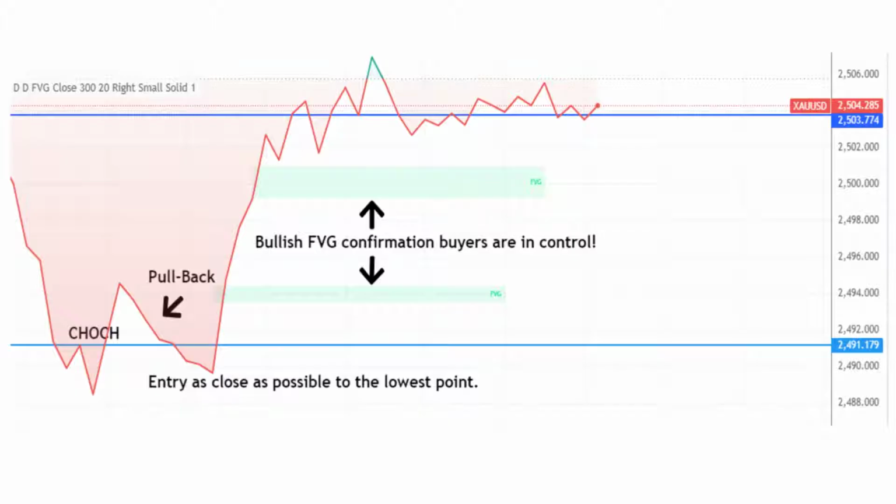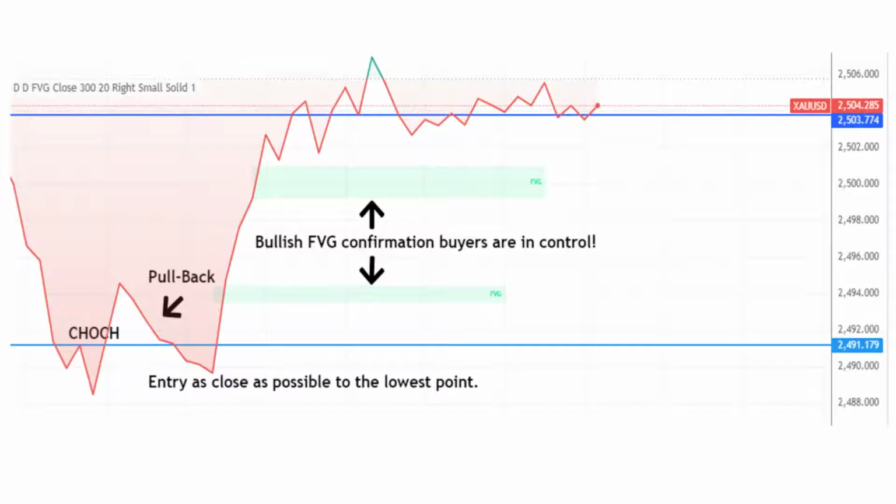In this picture, you can clearly see that there was a strong pullback, and then the FVG, the fair value gap, confirmed it. If you see a green FVG, that means it's a bullish FVG. If you see a red FVG, then that means it's a bearish FVG. So basically, red means the sellers are in control.